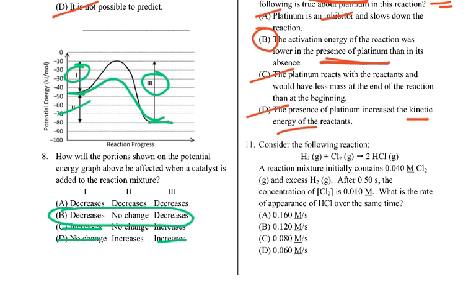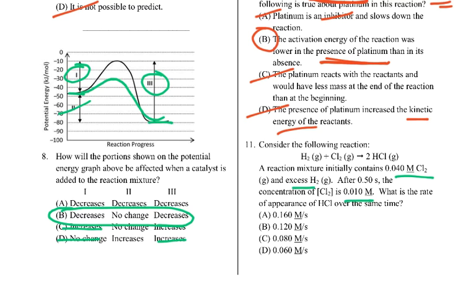For number 11, consider the following reaction. A reaction mixture initially contains 0.04 molar chlorine and excess hydrogen. After 0.5 seconds, the concentration of chlorine is 0.01. What is the rate of appearance of HCl over the same time? So what's going on?